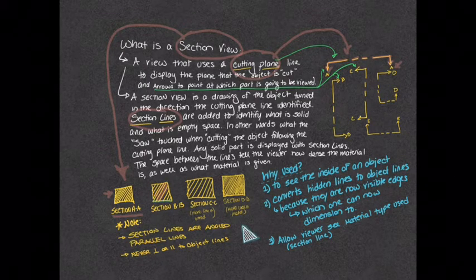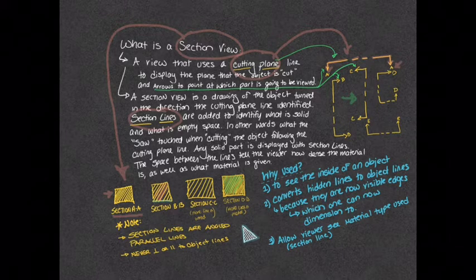So it's very important that when you're creating a section view that you include both these cutting plane lines into the object as well as in the section view itself, include the proper section lines and how it's supposed to be oriented. Once again, always angled. It could be closely tight to one another or open, separated from one another.